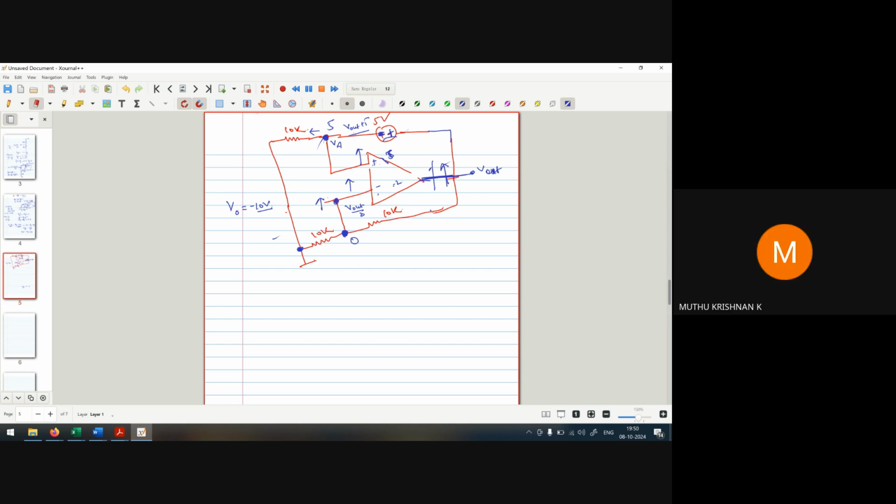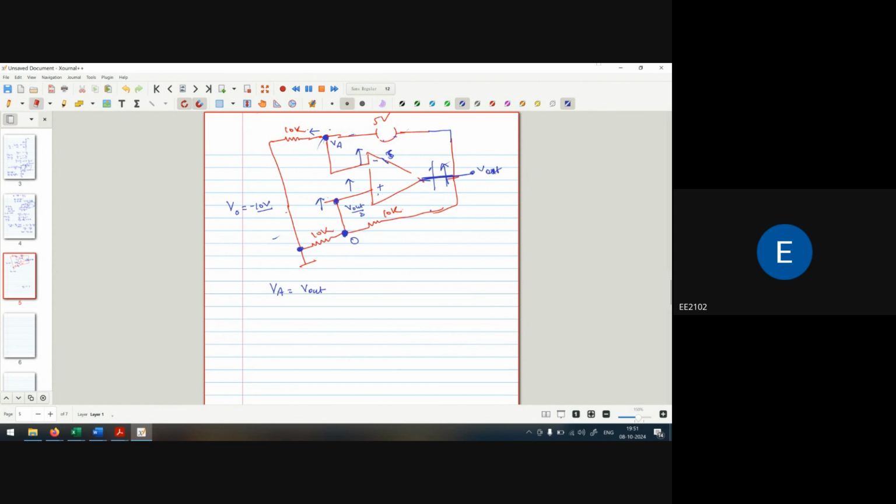So this is my negative. This becomes positive. Now the negative voltage is, so I'm saying VA is equal to V out.